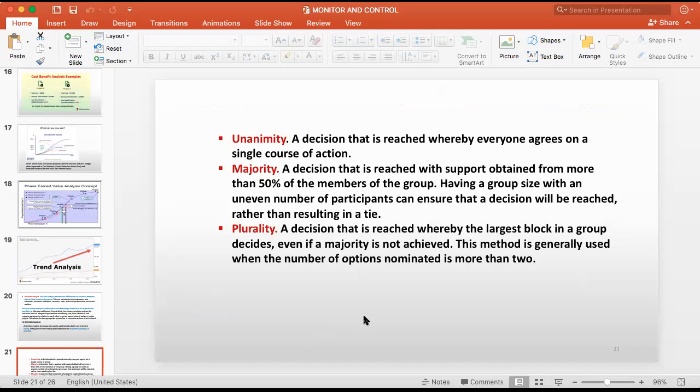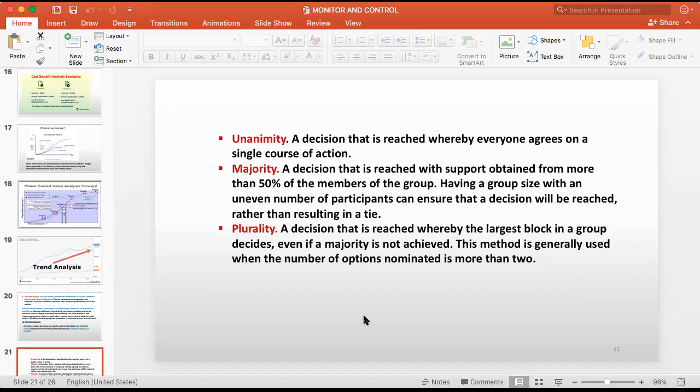So what is majority? A decision that is reached with support obtained from more than 50% of the members. So that is majority. The majority is with us. So we can take the majority. It's like the election. Now you elect the president, you get the majority.